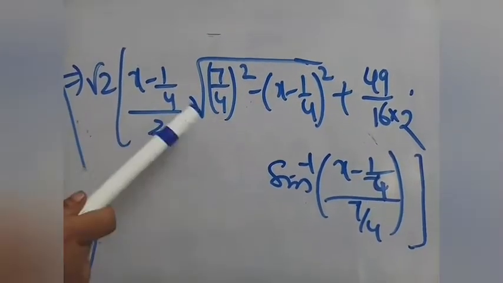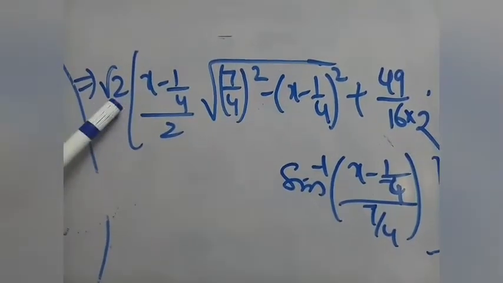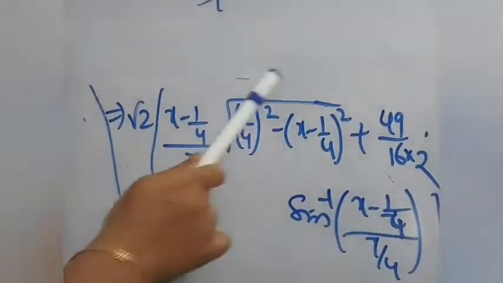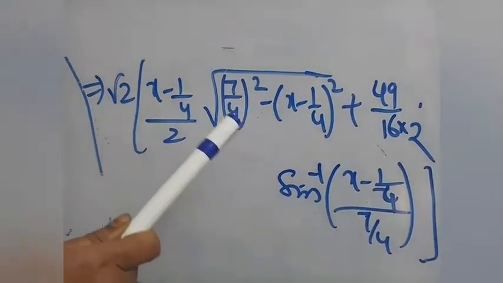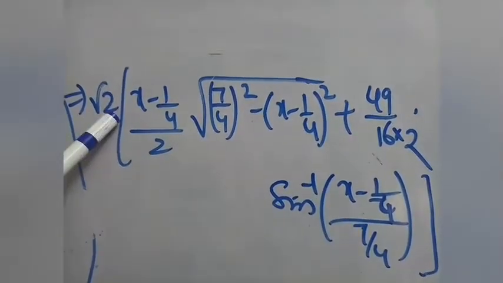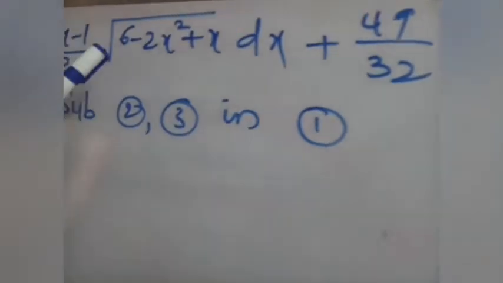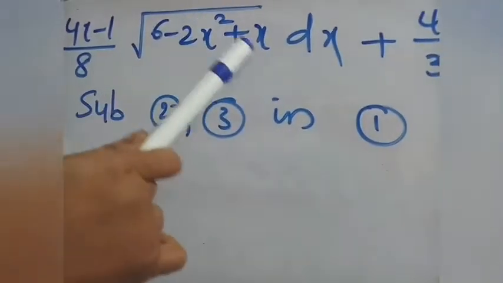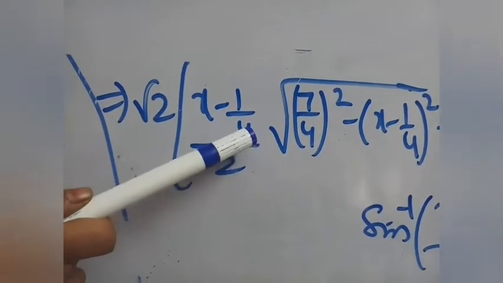Observe here carefully. Here root of this term is there into root 2. So root 2 into this total, it is nothing but the actual integration value, that is root of 6 minus 2x square plus x. We can split. After splitting we can get root 2 into this form. So instead of root 2 into this form, you can write this as root of 6 minus 2x square plus x into dx. Again here take LCM 4, then 4x minus 1 by 4, 2 fours are 8.